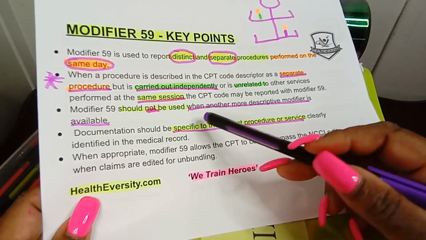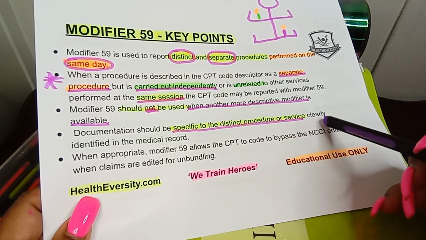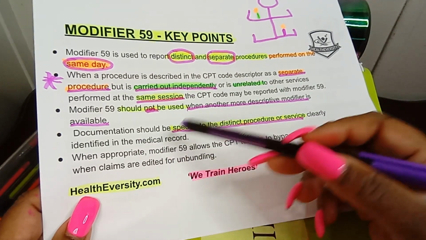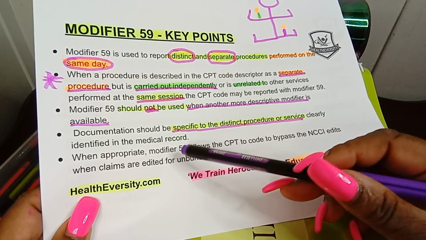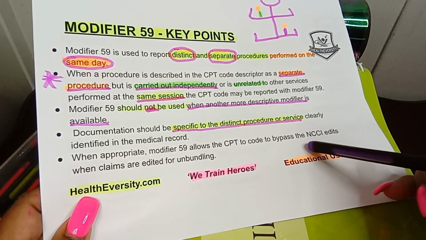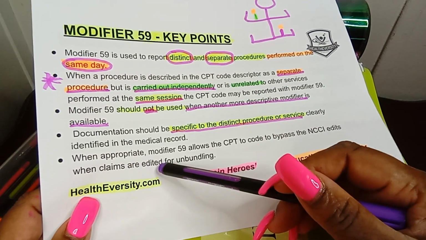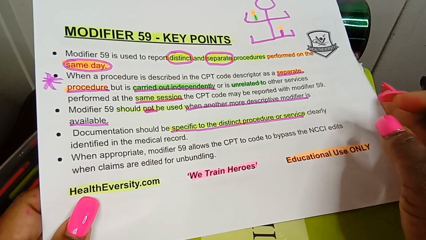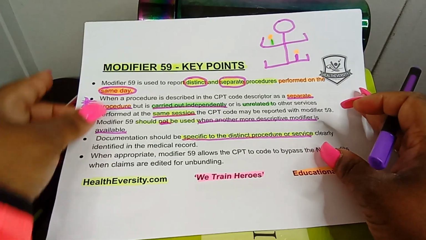Documentation should be specific to the distinct procedure or service clearly identified in the medical record. When appropriate, modifier 59 allows the CPT code to bypass the NCCI edits when claims are edited for unbundling. So be very careful when you're using modifier 59.